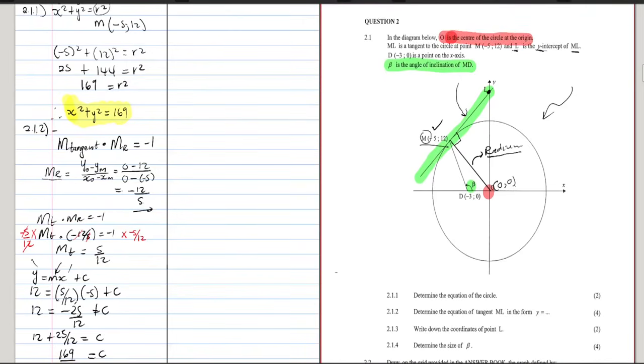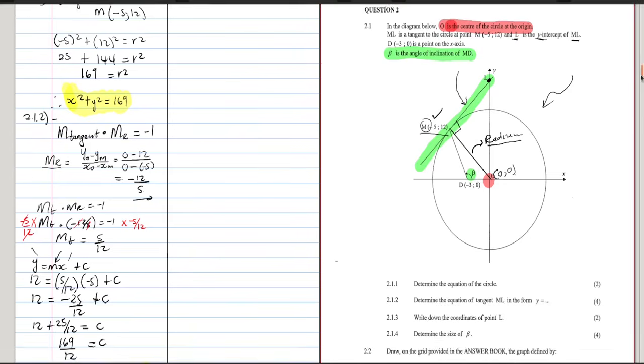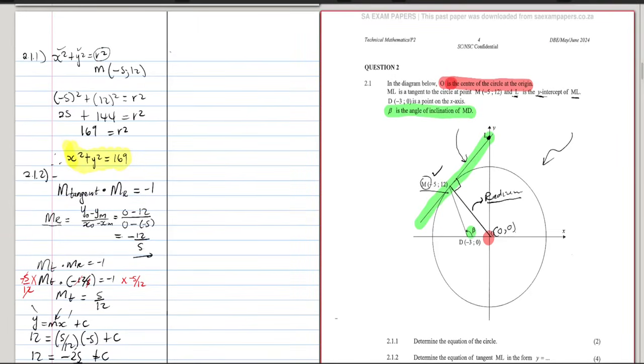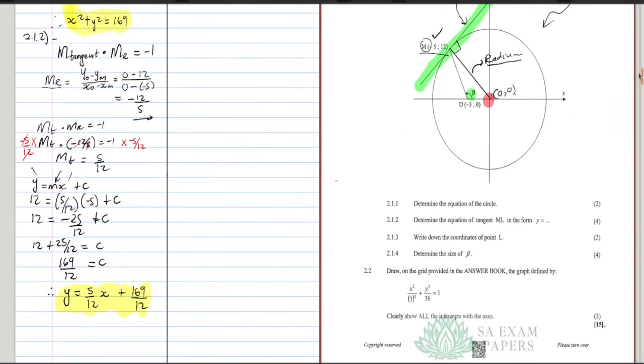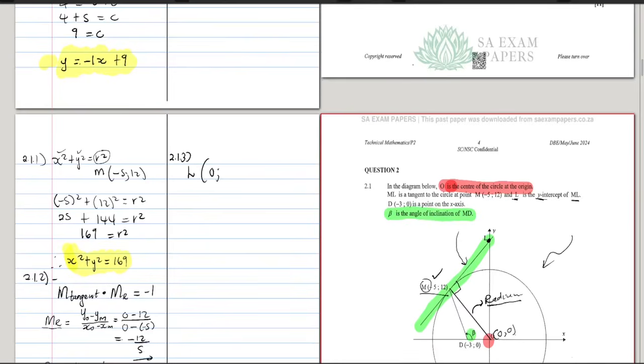So the coordinates of L are actually the y-intercept of the straight line ML. So for 2.1.3, L is just going to be 0 and the C value of the straight line ML we just calculated before. So the value for C is 169/12. These are the coordinates for L.